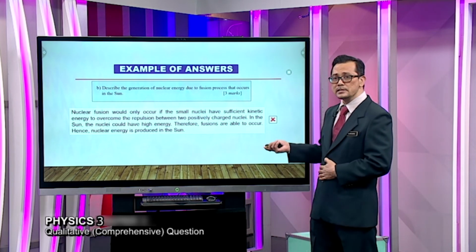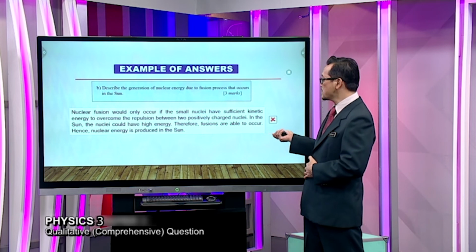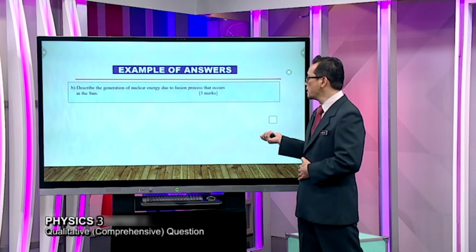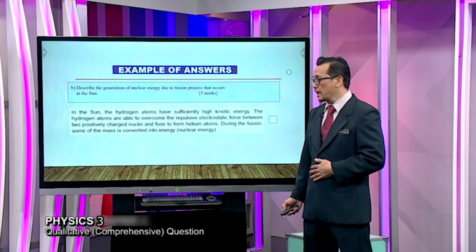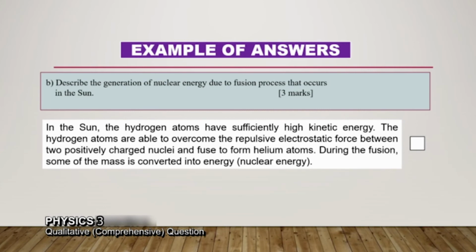So now let's look at the answer that may be considered a good answer. In the sun, hydrogen atoms have sufficiently high kinetic energy. The hydrogen atoms are able to overcome the repulsive electrostatic force between the two positively charged nuclei and fuse to form helium atoms.